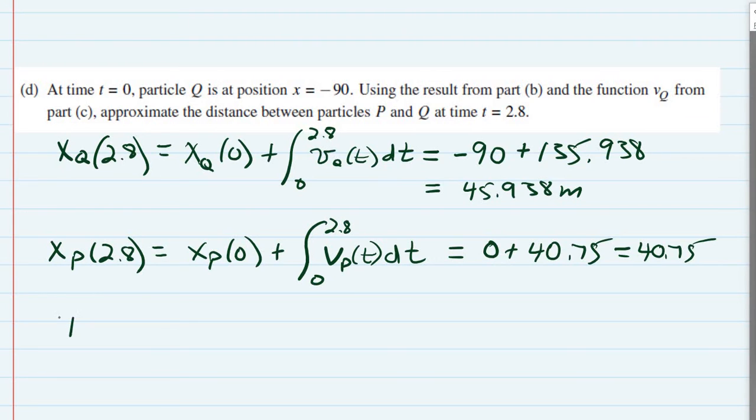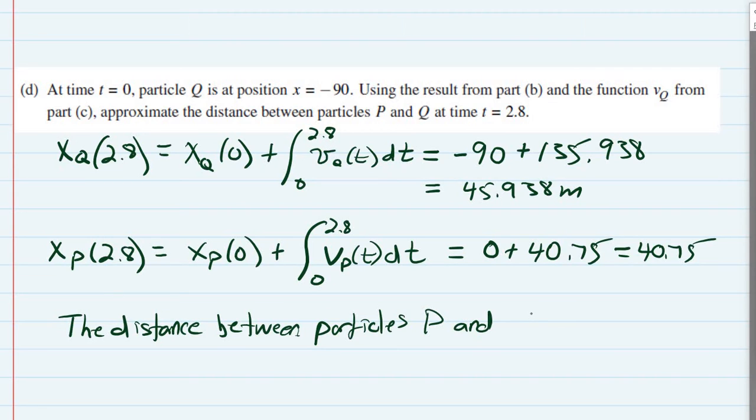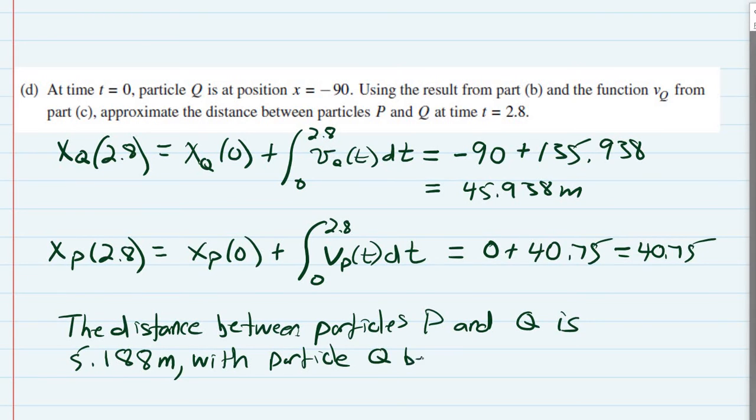Okay, so if I subtract those two values, I get 5.188 meters. So my final answer is the distance between particles P and Q is 5.188 meters, with particle Q being further to the right because it's got a higher position, 45.938.